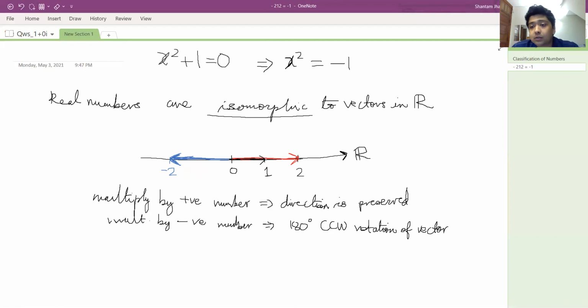Now that we know how to multiply numbers, let's first see why the operation square root is not closed under real numbers. Let's take any real number, and let's see why taking the square of it will never give you a negative number.